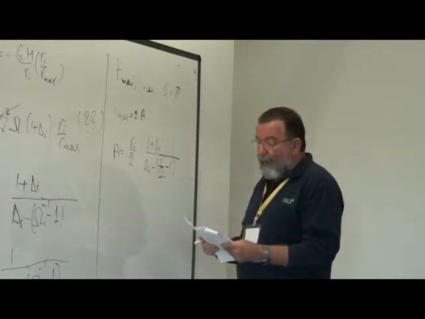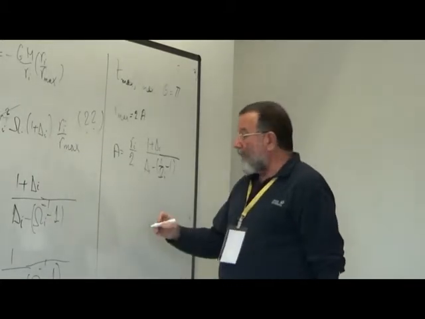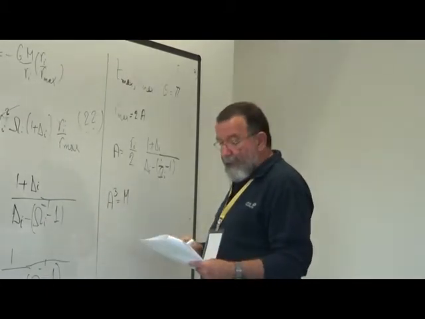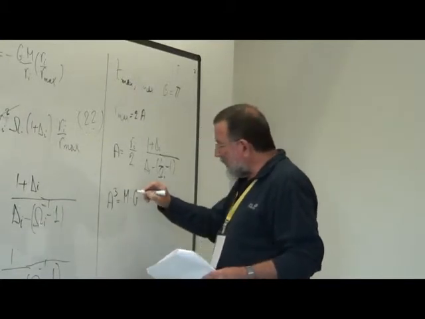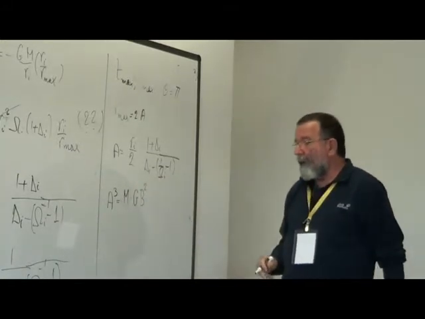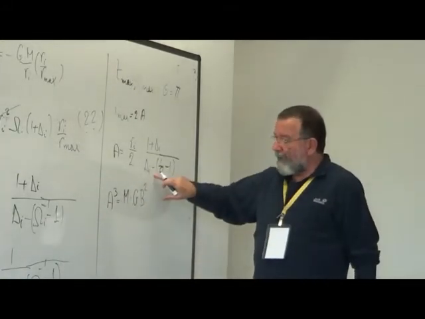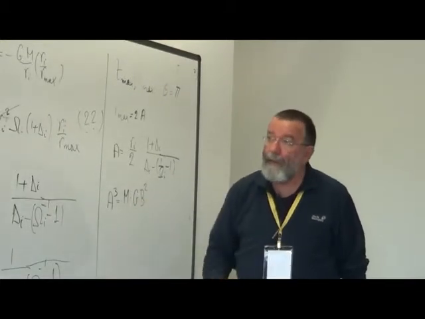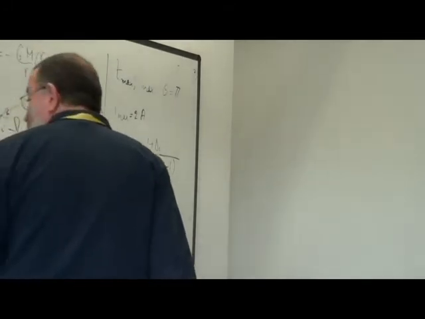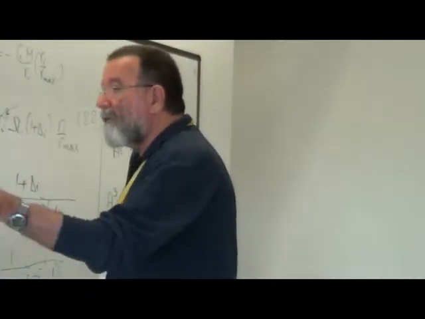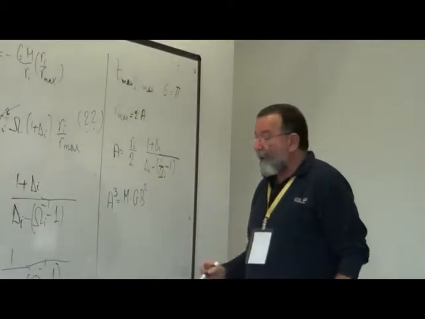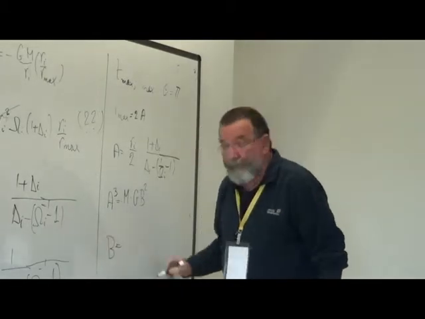We know that we have the relation that A cubed equals G times the mass times B squared. We know what A is, it's written here. We know what M is, it's written here. So when we combine it together, it's just a bit of algebra, do it yourself.